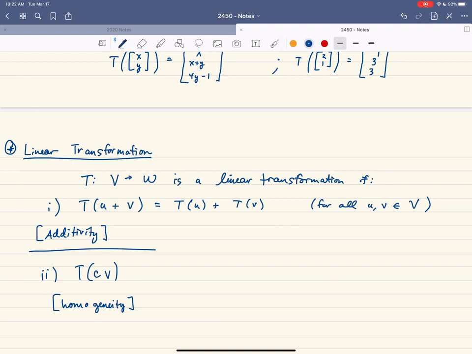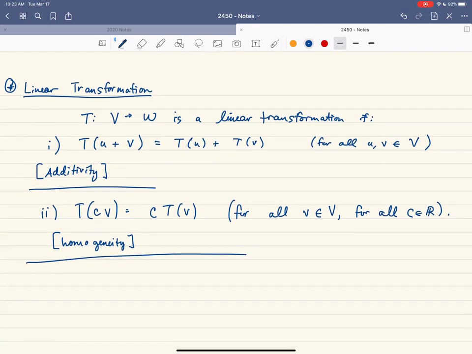T of cv is going to be the same as c times T of v. And I want that to be true for all vectors v and for all scalars c. Okay, so again, that's called homogeneity. If we have both of those criteria, then our vector transformation is going to be called a linear transformation.